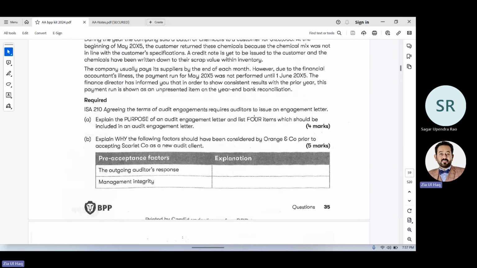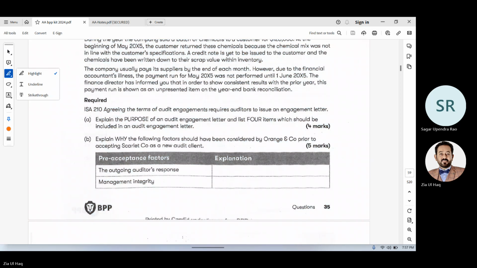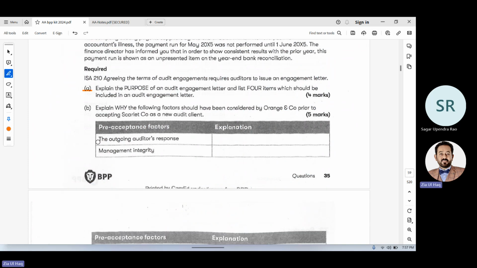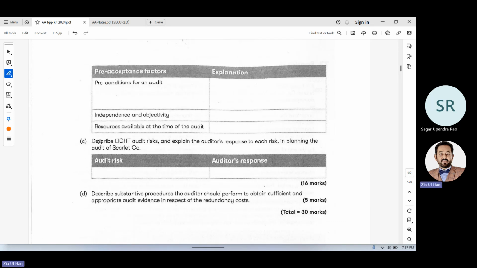Requirement A for 4 marks, requirement B for 5 marks, and requirement C for 16 marks. Requirement D, we are unable to cover now.